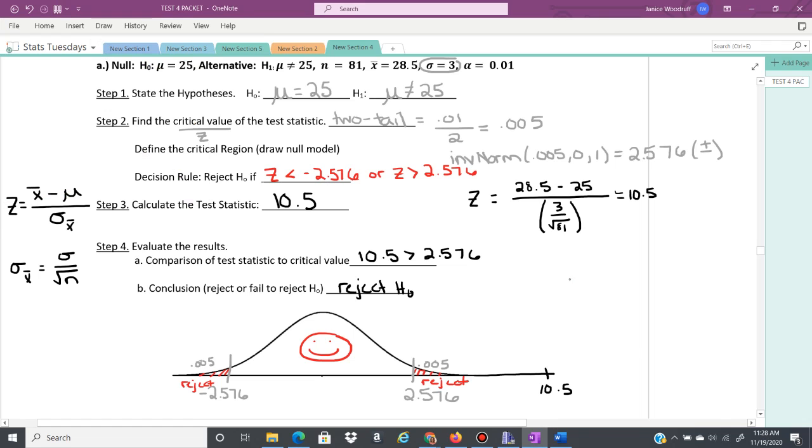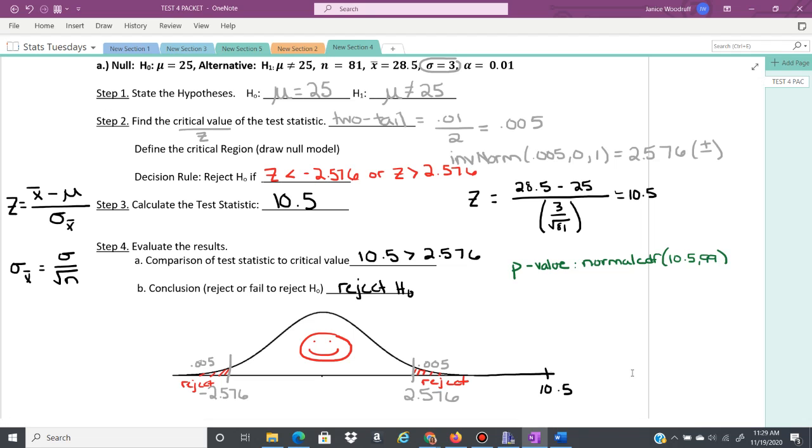Okay, so let's take a look at how you would do that. We'll use green here. The p-value here, going back to chapter 6 again, is the probability of 10.5, which means I do normal CDF, or I look it up in my z-table. 10.5 to 99, because it's on the right side.